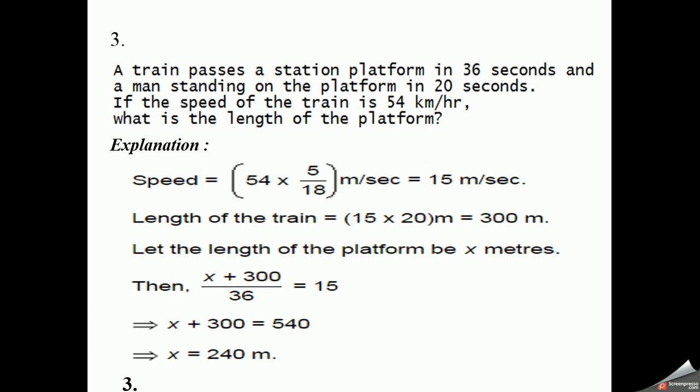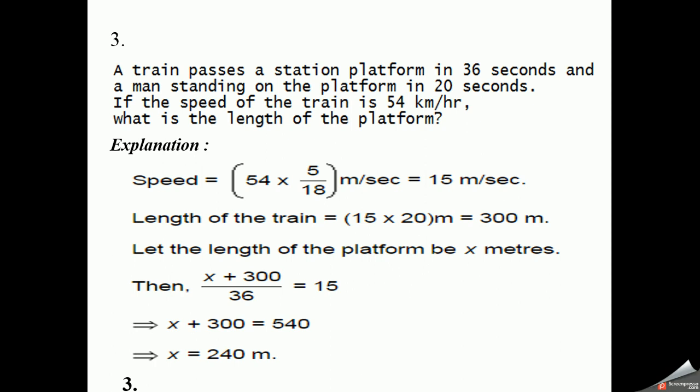Next problem: a train passes a station platform in 30 seconds and a man standing on the platform in 20 seconds. If the speed of the train is 54 km per hour, what is the length of the platform? The given data is speed of the train equals 54 km per hour. First convert it into meter per second by multiplying by 5 by 18, and we get speed equals 15 meter per second.